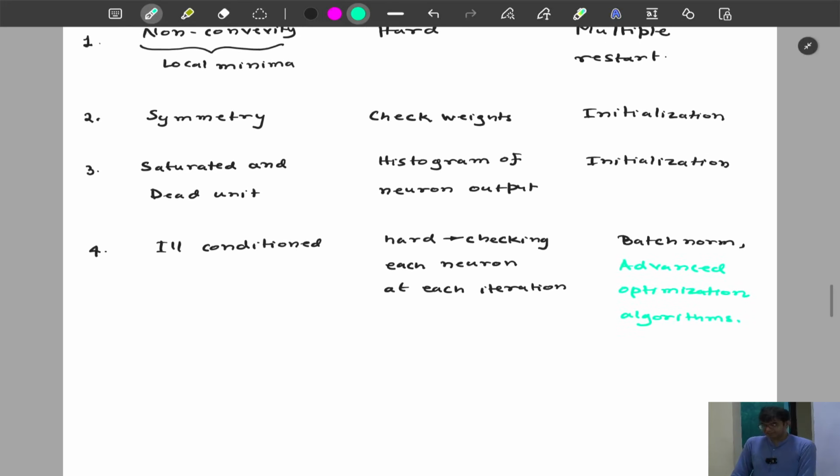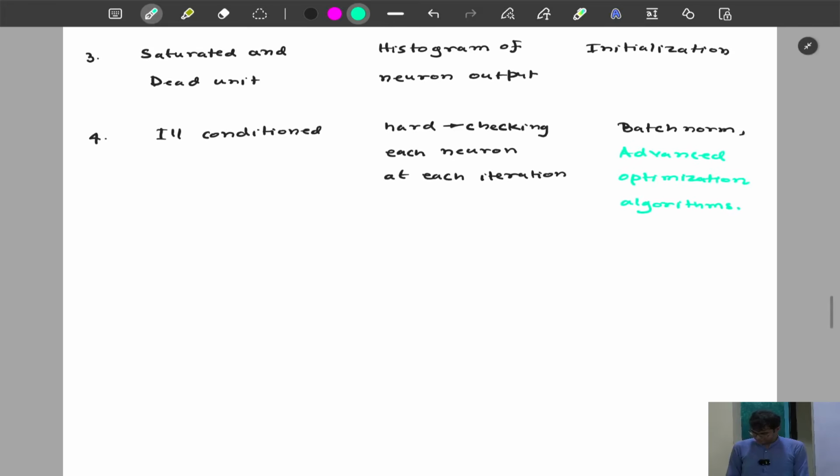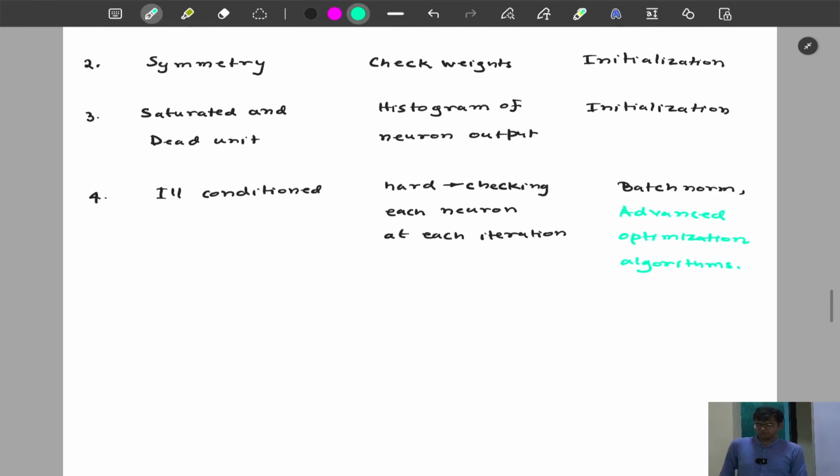And then we'll go to generalization, and after that CNN. We will spend some time on generalization, maybe 2-3 lectures, and then we'll go to CNN. My hope is before the midterm, the minor as we call it here, we'll be done with CNN.